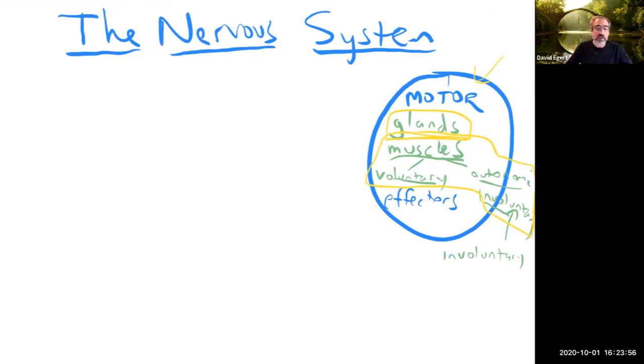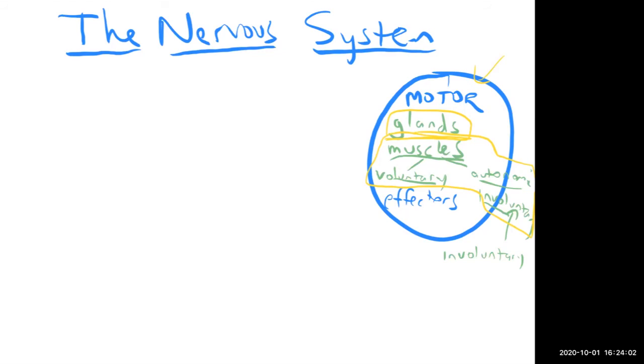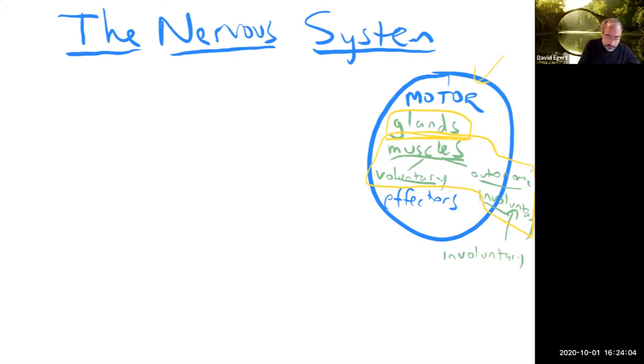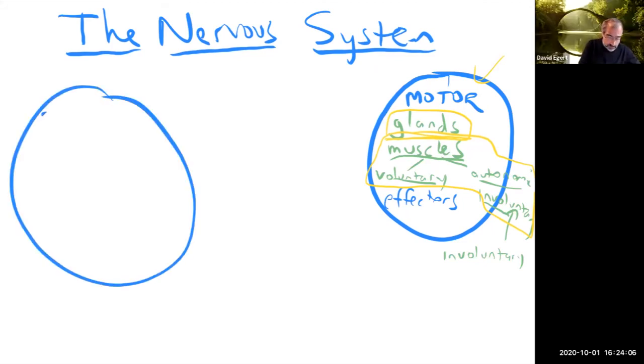What other things is the nervous system working with? Sensory information. Sensory information, absolutely. So we have this whole sensory division.